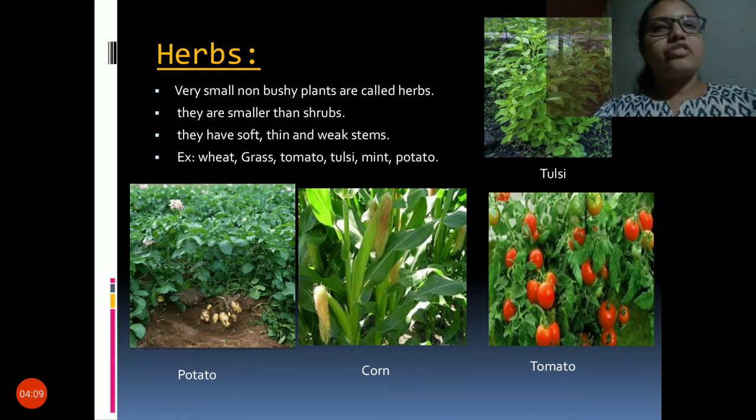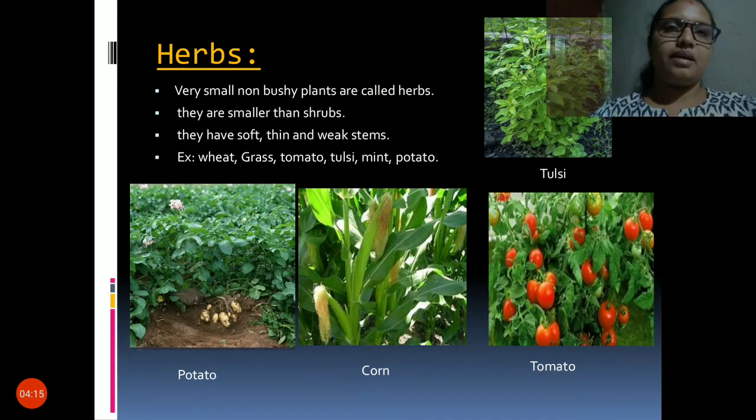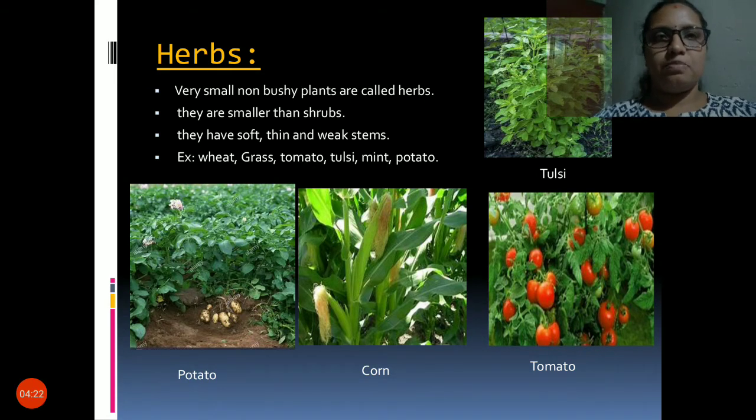Next, herbs. Herbs are very small non-bushy plants. Like shrubs, it will not spread. Non-bushy means it will not spread. They are smaller than the shrubs. I said shrubs will spread more and have many branches, so it is a bushy plant.